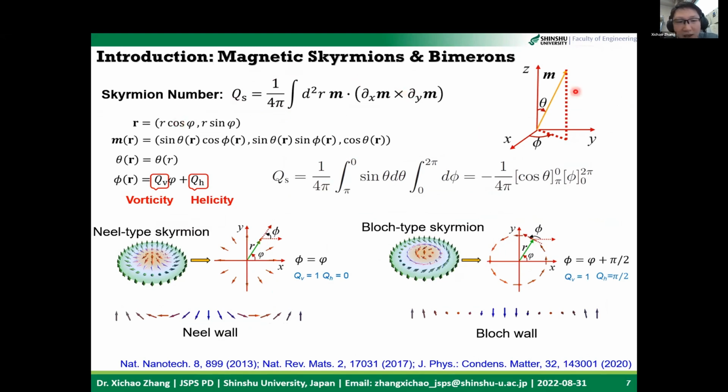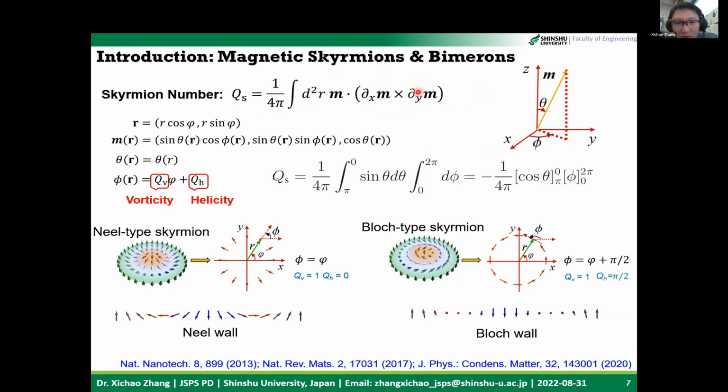So when you have a topological skyrmion, this part could be the density of the skyrmion, and if you do the integral, you may get 4 pi for a skyrmion texture. So you need to have this skyrmion number over 4 pi to get an integer number to stand for the topological charge.